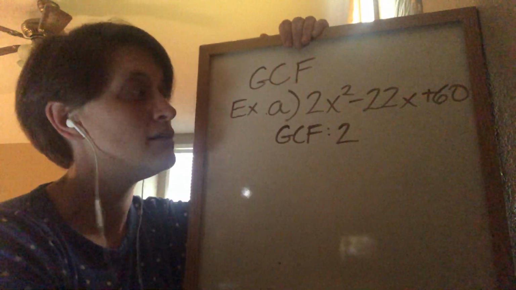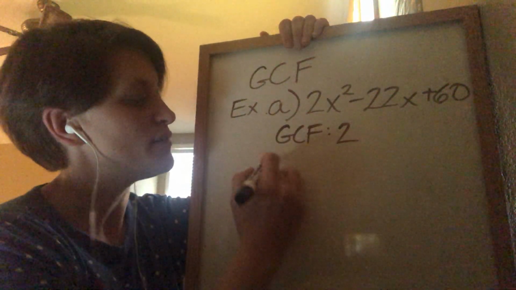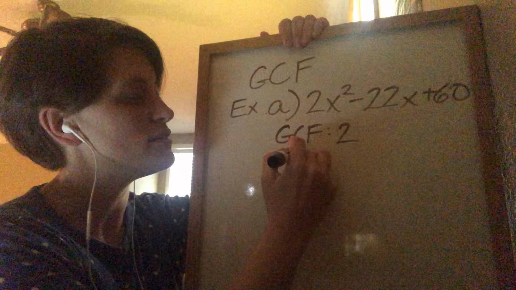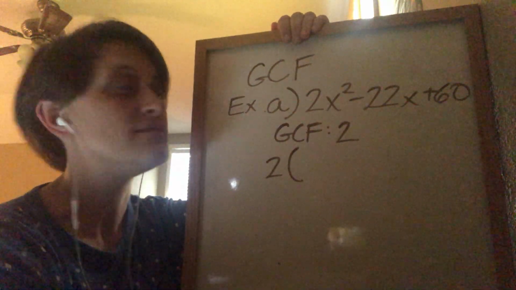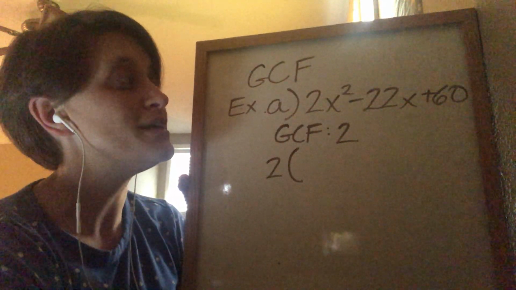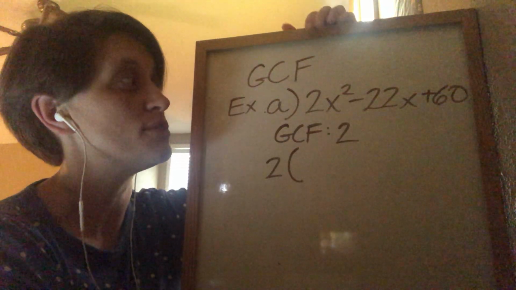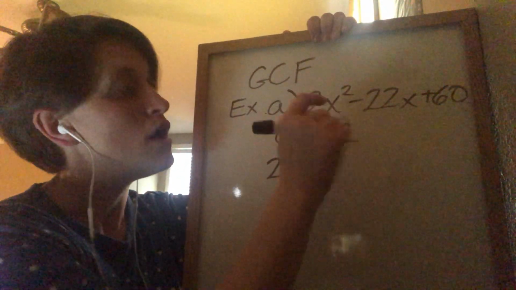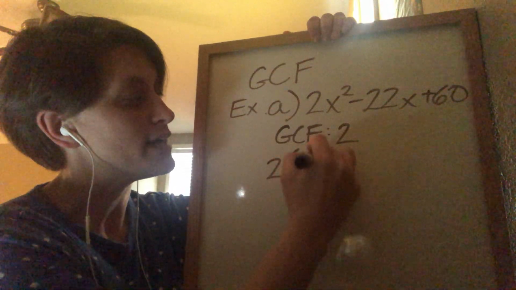And that's it. So if we wanted to factor out the 2, what we do is we write the 2. That's our greatest common factor. And we open up a set of parentheses. And we write what's left if we take 2 out of all of those terms. So if we divide this term by 2, all that's going to be left there is the x squared.